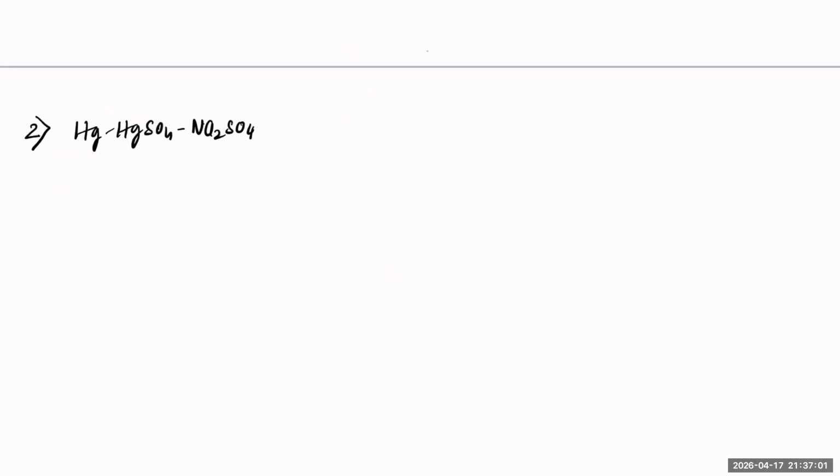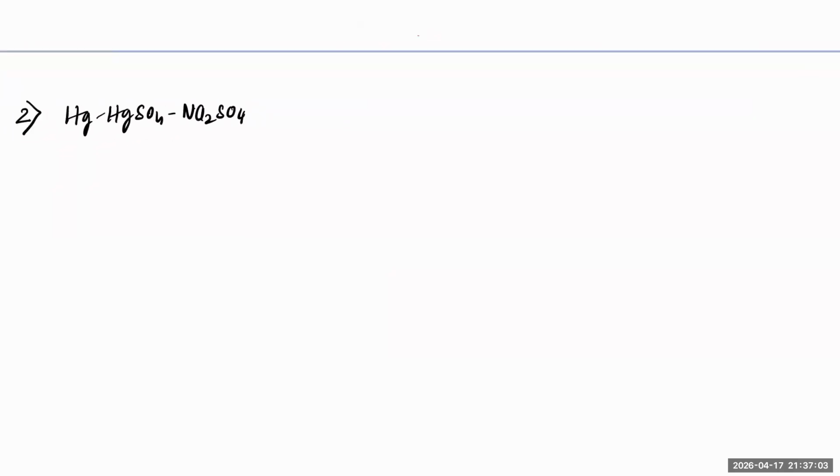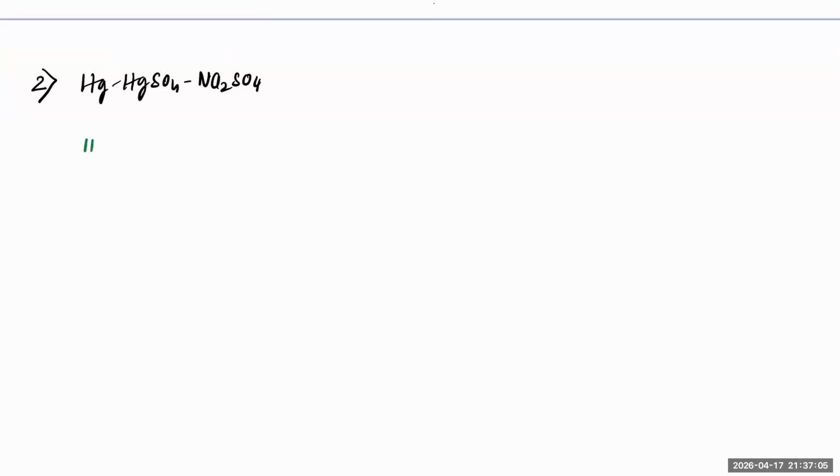If you have Hg, HgSO4 and Na2SO4, what might be the reaction state and what might be happening here? See, what is happening here is HgSO4 aqueous that is converting into Hg2 plus and SO4 2 minus aqueous.